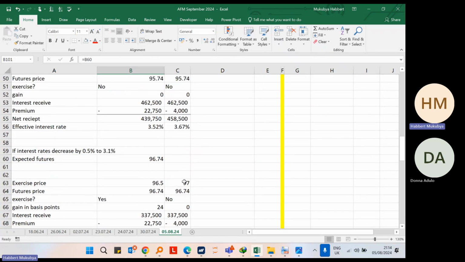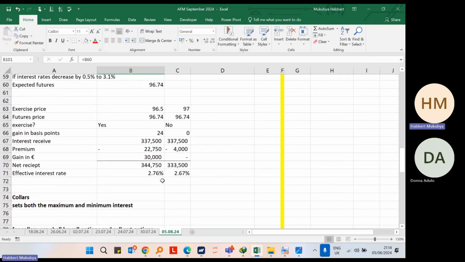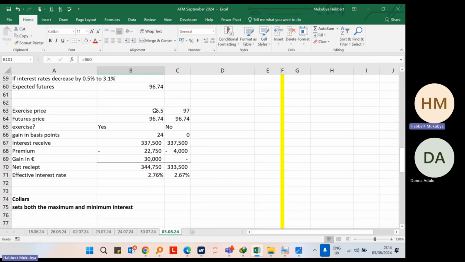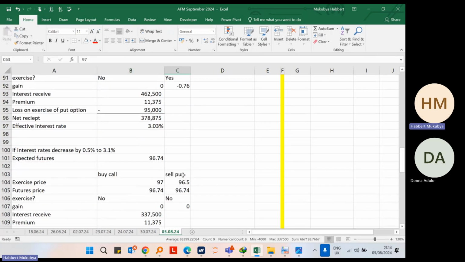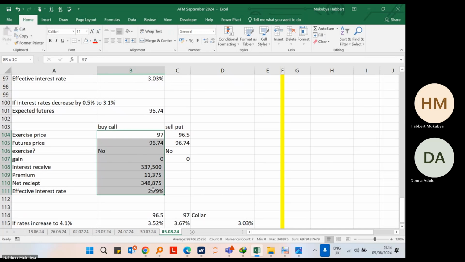This was not buy or sell for this case. So the part that I've said that we have copied from up is the 97 part. You see all this part here is what is here for the buying of the call options.